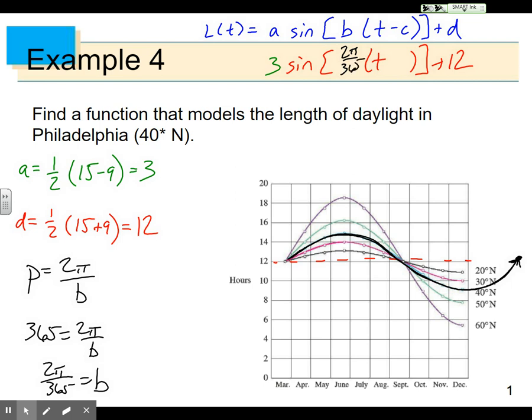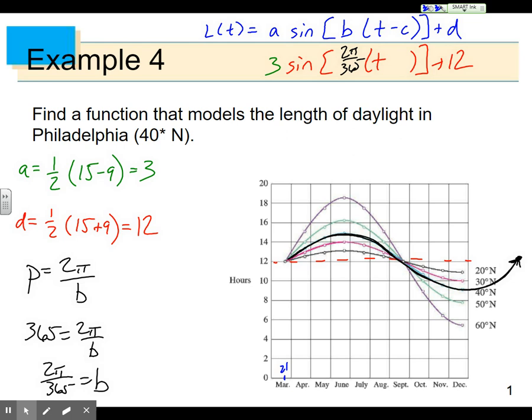All right. Last up, we have C. Remember, C is going to be my horizontal shift. And I went ahead and put a minus sign in there because I see that I shifted it to the right. Now, I think I left off a caption on this. But this mark right here is actually going to be March 21st. It's the 21st day of March. I'm guessing that's the first day of spring, maybe.